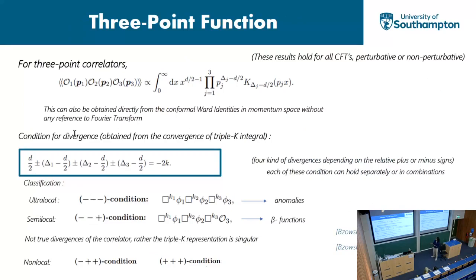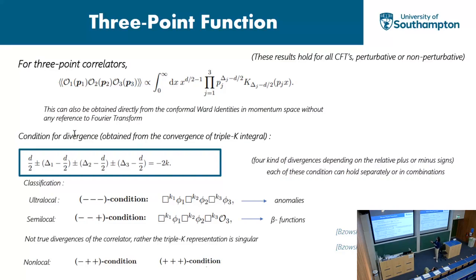Now the next thing is a 3-point correlator. It was shown in a work from 2013 that a 3-point correlator in momentum space can be written in this triple K integral representation. K is the Bessel function here.